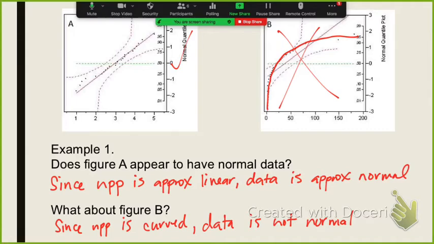If for some reason on a test or a quiz, you graph the data and it's not normal, I will still ask you parts B through D, like tell me the probability of this, tell me the probability of this. I still want you to answer those questions, but out to the side, if it doesn't meet all of the conditions, you would just say proceed with caution.